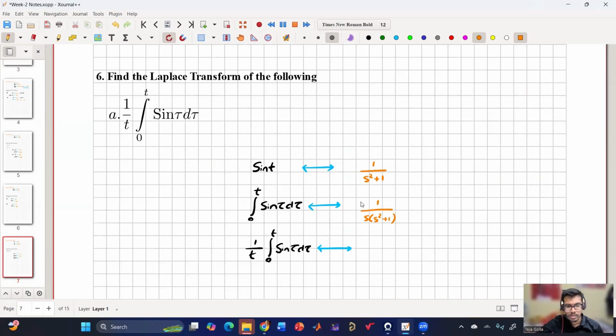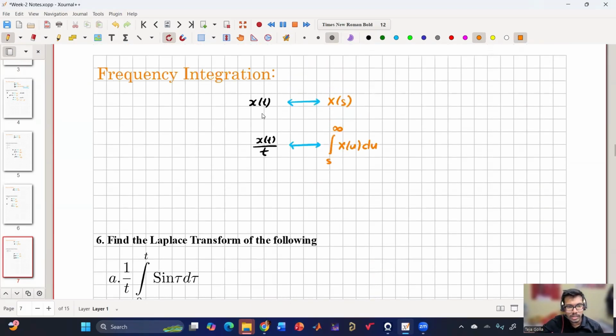No idea, sir. So I'll do integration of 1 upon s into s square plus 1. Can you repeat? I'll just check whether what you have said is correct or not. Integration of 1 upon s into s square plus 1.